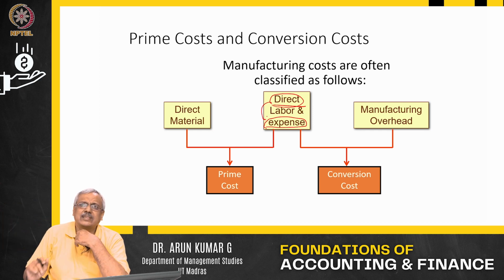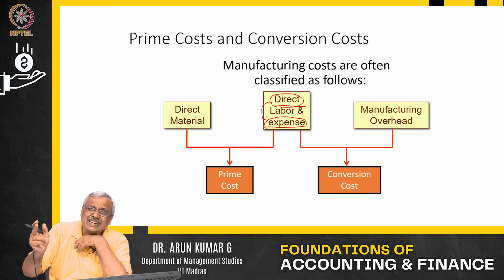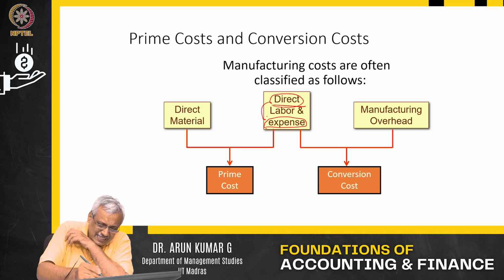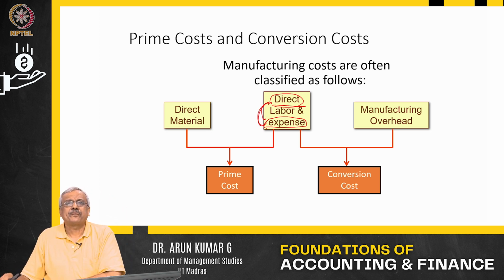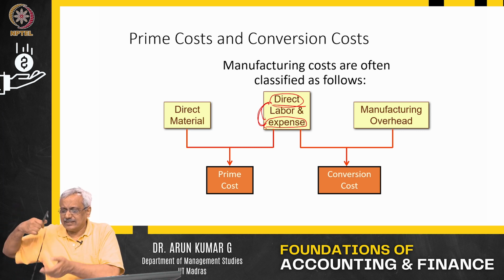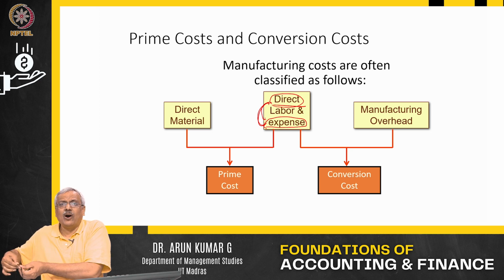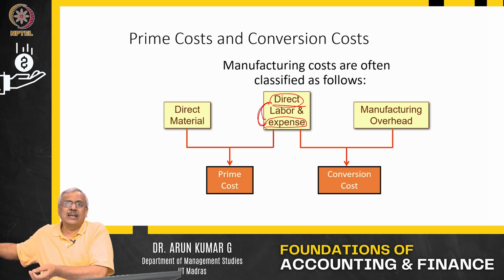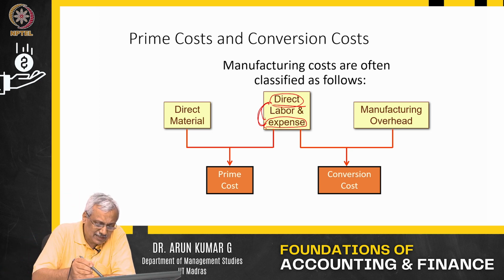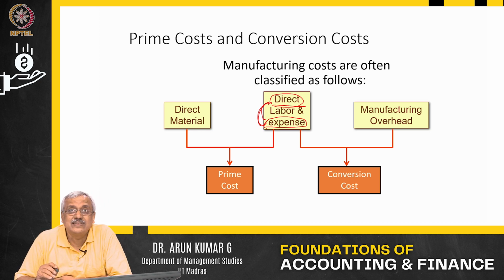So, it is again directly traceable. Such expenditures are all called direct expenditures. These expenditures are also directly traceable to the end output, so it is called direct expenditure.